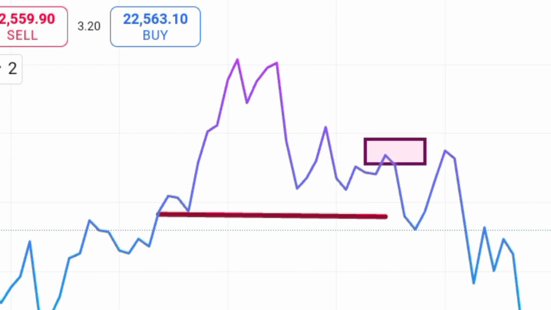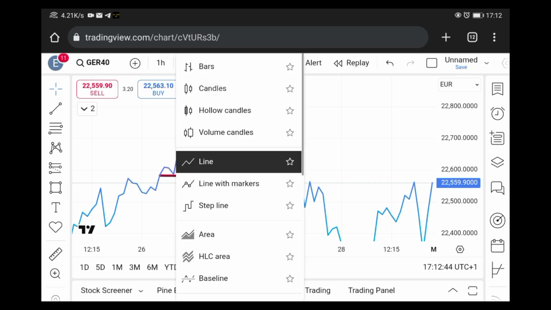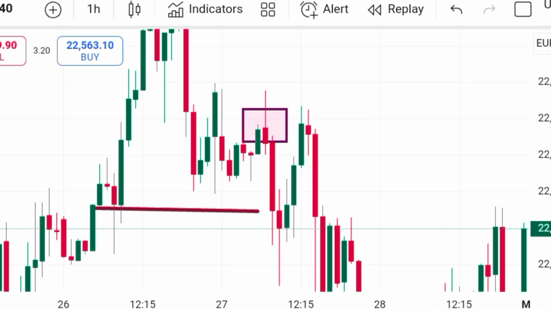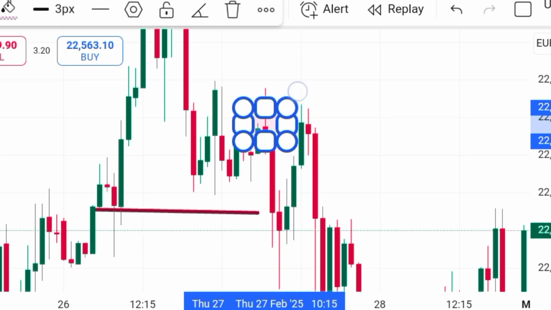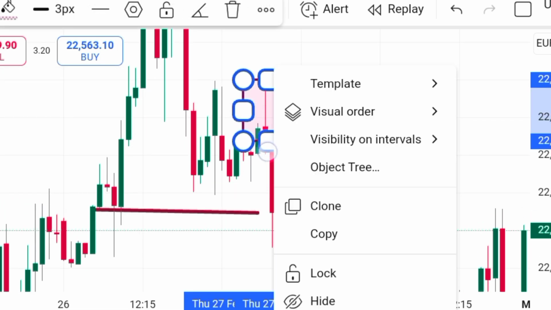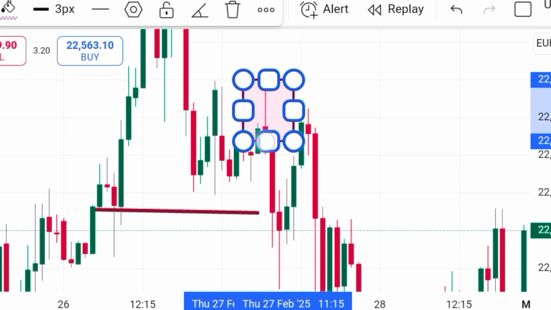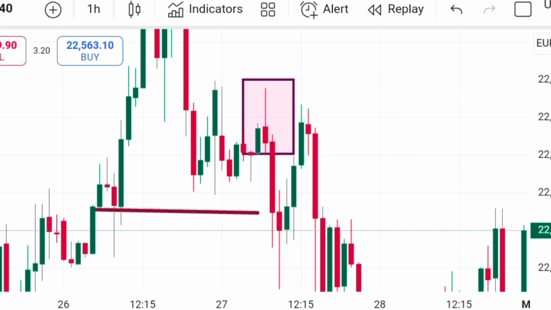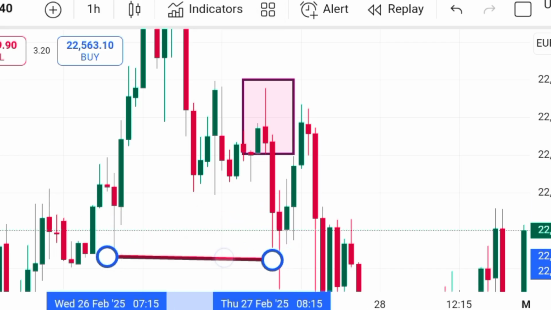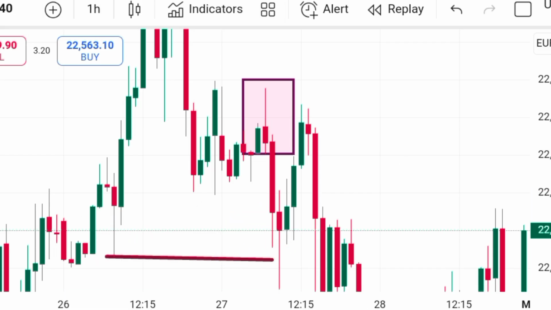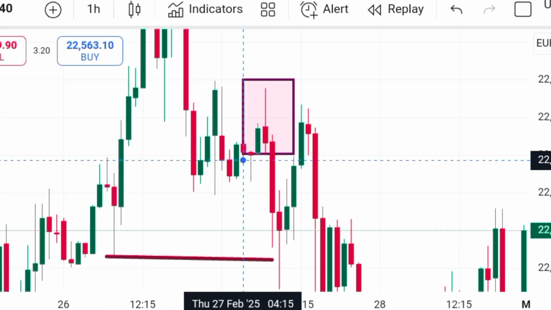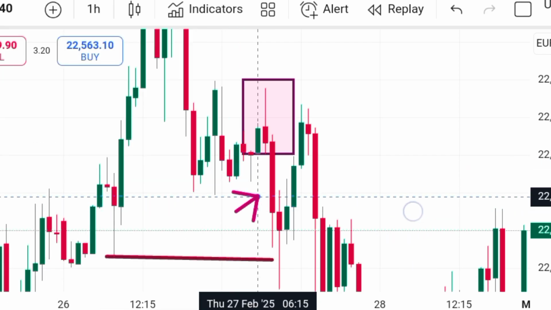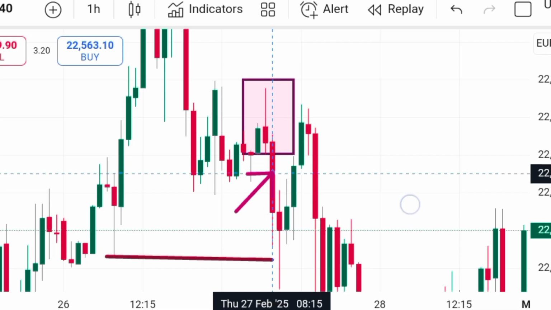Then if you turn this chart back to your normal chart, you can mark out the candle, which is the last bullish candle before the break of structure to the downside. Another thing you should take note of is that this structure carries an imbalance inside.